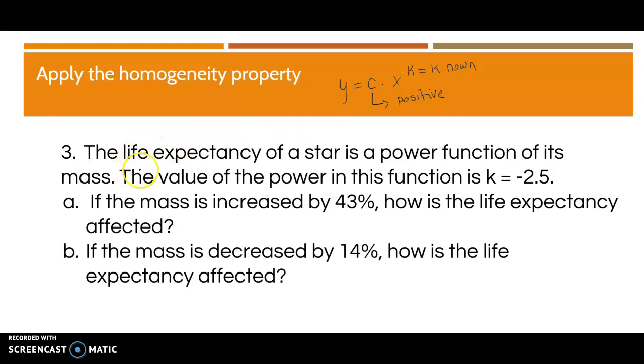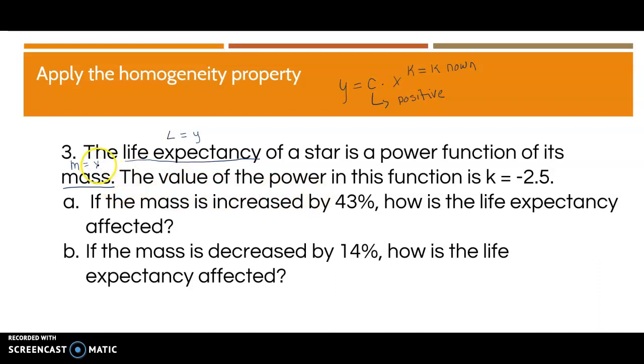As we read our example, the life expectancy of a star is a power function of its mass. So my first quantity is life expectancy, and it is related to mass. When I'm moving from words to the equation, I use these in order. I'm going to use L for life expectancy, and that is the same as the Y because it came first. I'm going to use M for mass, and mass would be my X value.